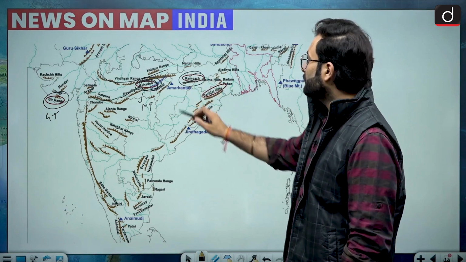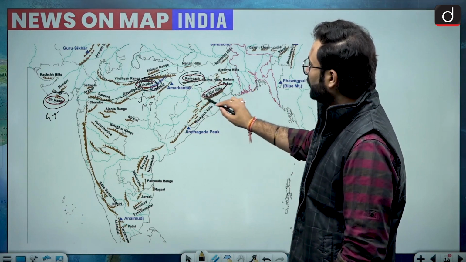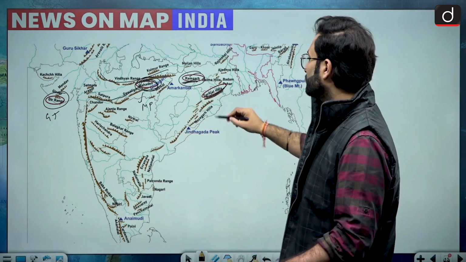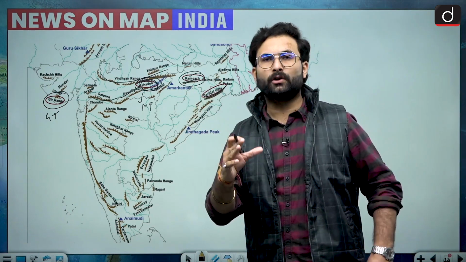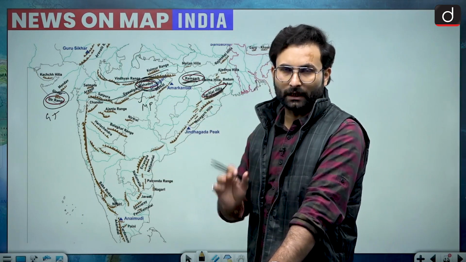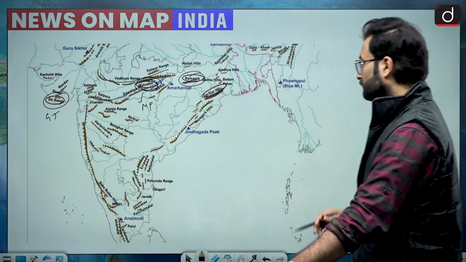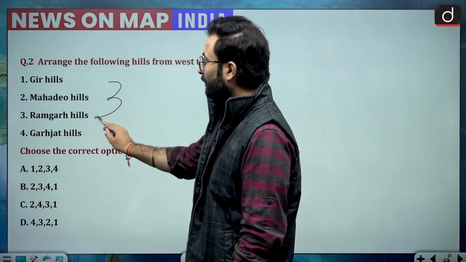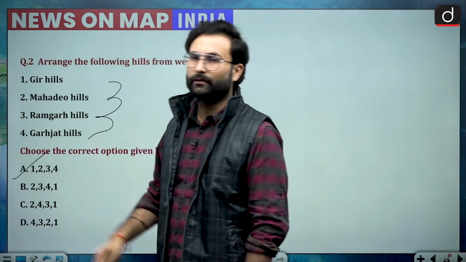And then these are Garjat Hills, in the Jharkhand and Odisha area. Garjat Hills can also be an extended part, or escarpment, of the Chota Nagpur Plateau. So the answer is Gir, then Mahadev, then Ramgarh, and then Garjat. So option A would be your right answer.